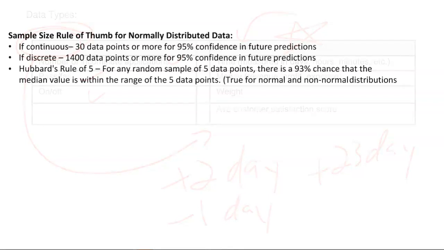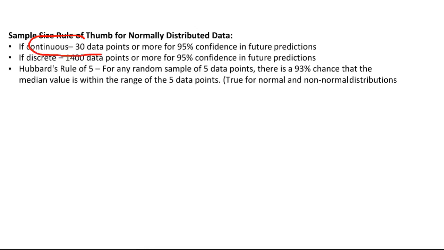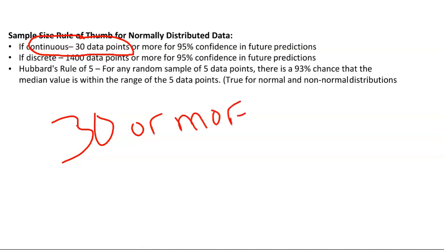All right, here are our rules of thumb if we're dealing with normally distributed data, and if we're dealing with continuous data, we're looking for 30 or more data points. More is always better, but 30 is a nice kind of minimum rule of thumb for continuous.